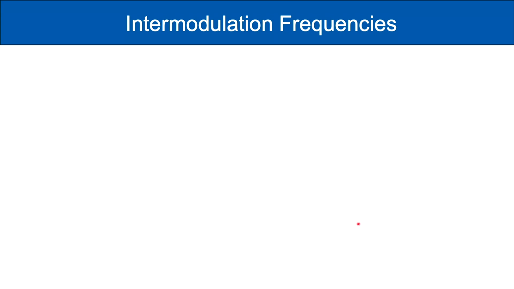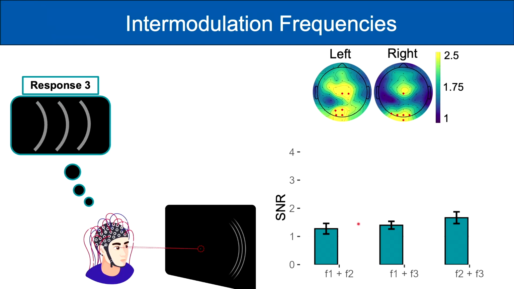Next, we examined intermodulation frequencies. Remember, these are the components that indicate integration between the items. This data is averaged from the best 6 electrodes where intermodulation frequencies showed most activation for the left and right visual field presentation.